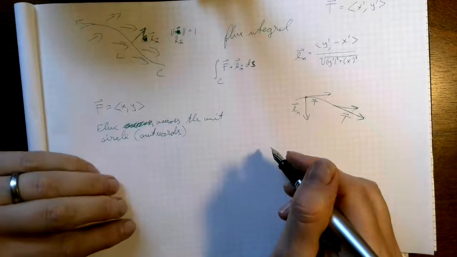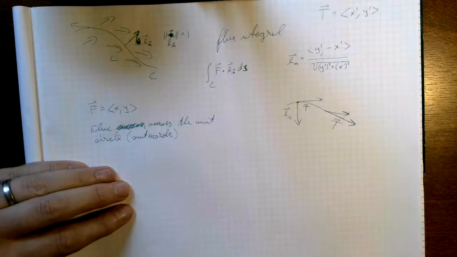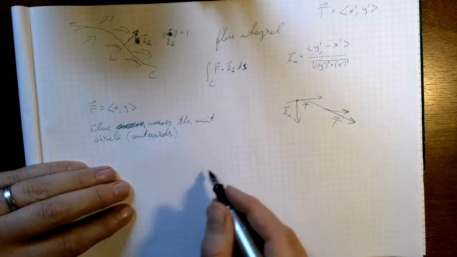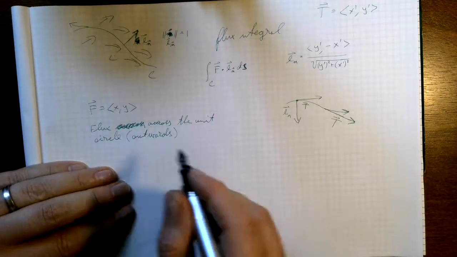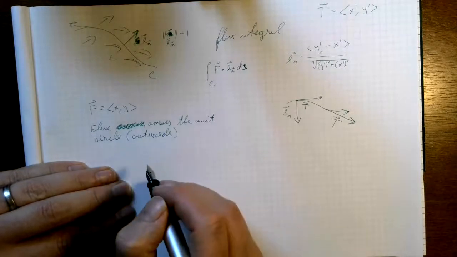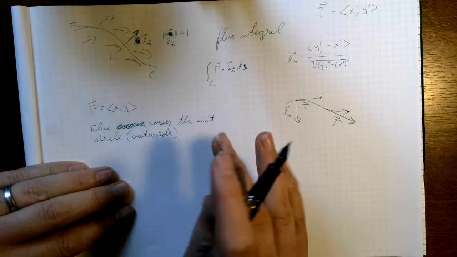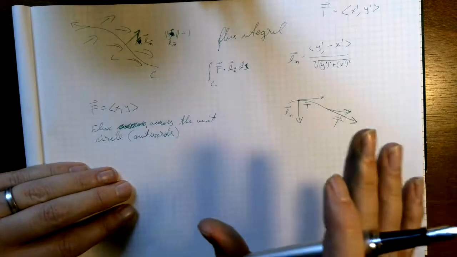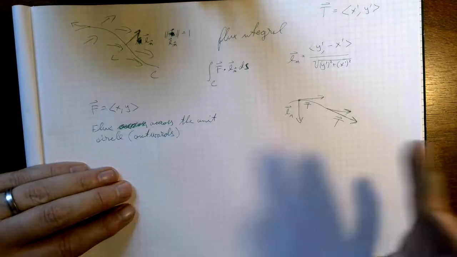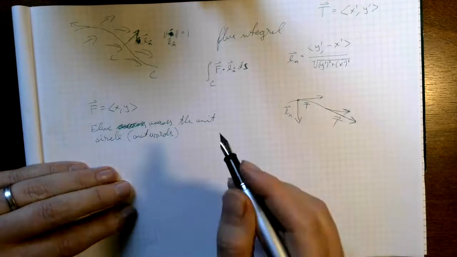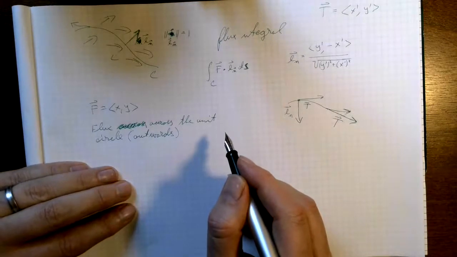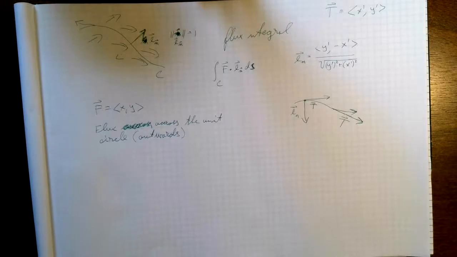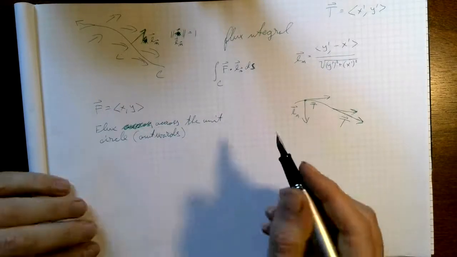And actually, this is a fairly normal way to do this. If I have a closed loop, maybe a circle, maybe some more complicated thing, it's semi-standard that people think the normal should be pointing out. It's just a way for people to agree with each other on this.